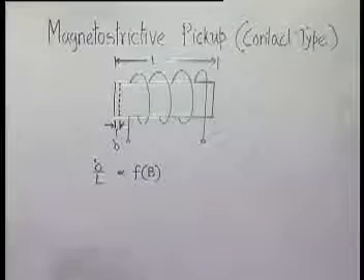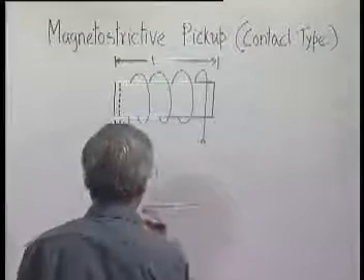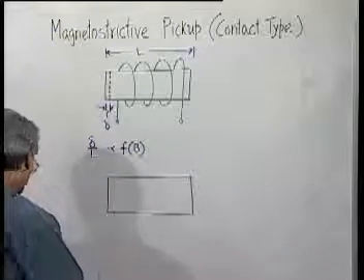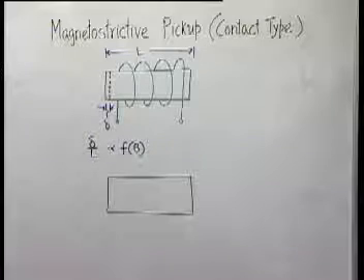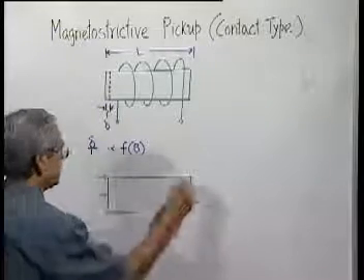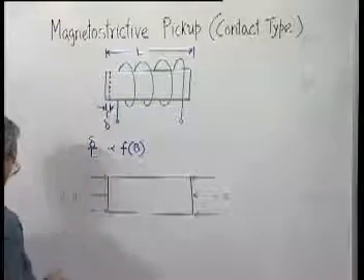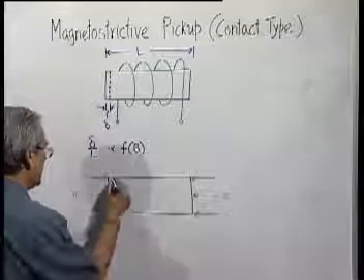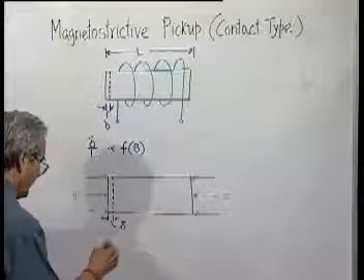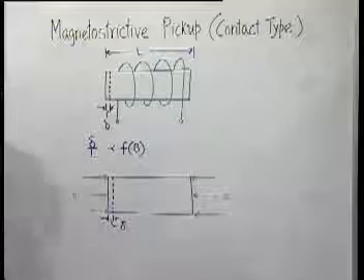The other effect, the reverse, is also true. That means if we take a magnetostrictive object and try to apply some force or stress and change the length, so the length changes, then it will generate some magnetic field.